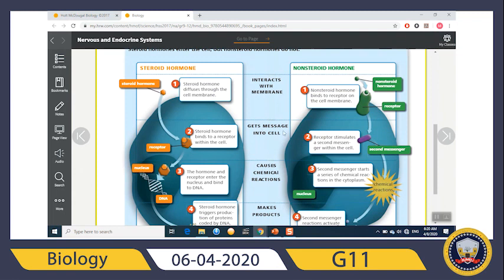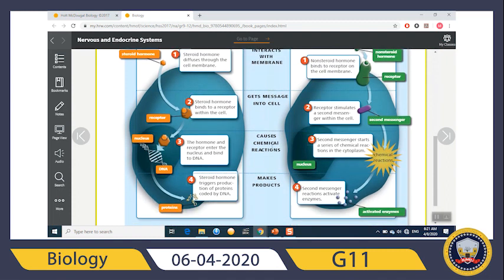Now, the message into the cell: the steroid hormone binds to the receptor inside the cell, while the non-steroid hormone triggers a second messenger inside the cell. What chemical reaction does each type cause? The steroid hormone will enter the nucleus with the receptor and bind to the DNA, while the non-steroid hormone will trigger a series of chemical reactions in the cytoplasm.